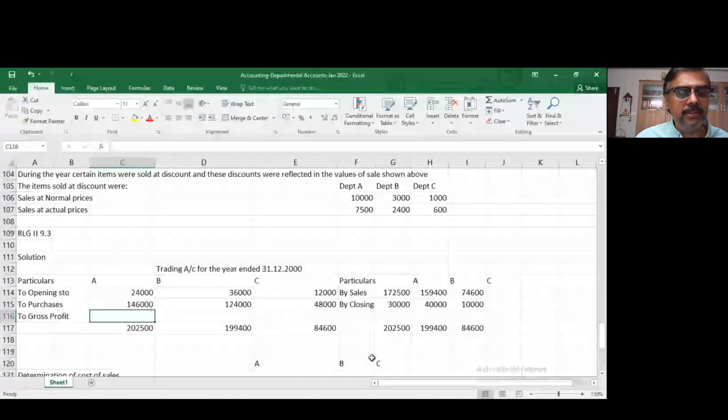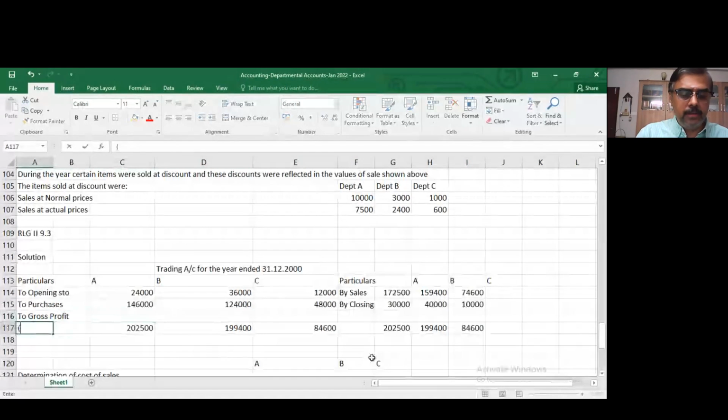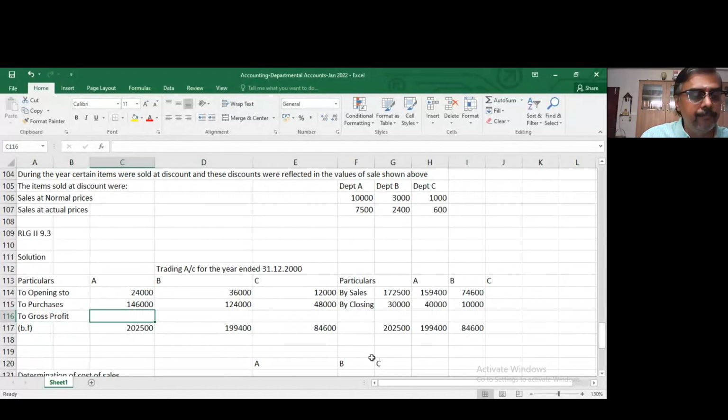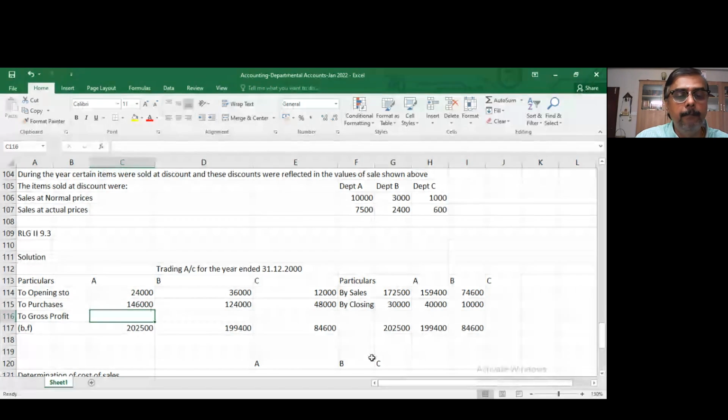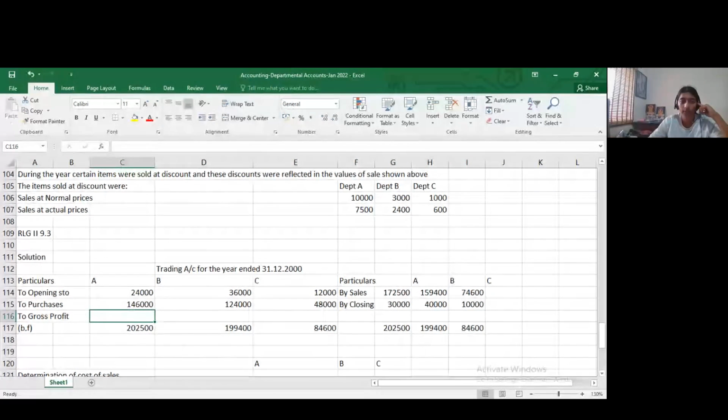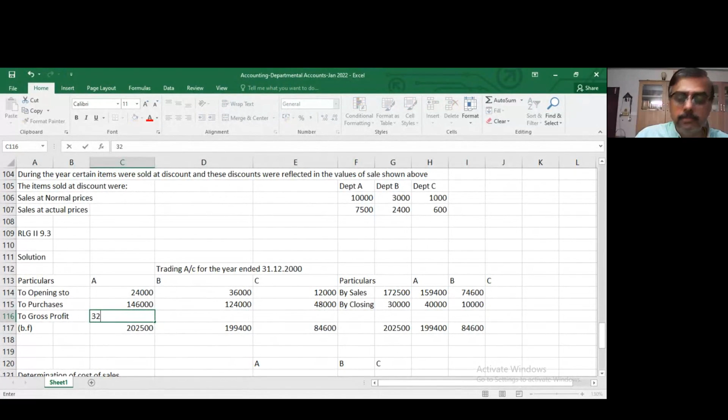So you got the gross profit as a balancing figure. Can you calculate the gross profit balancing figure? What do you get for department A? 32,400, or 500?